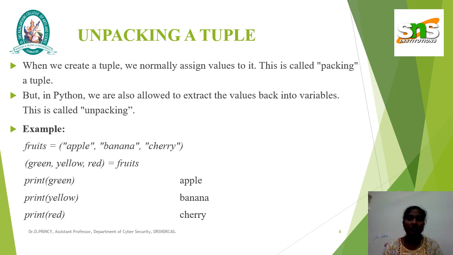So green holds apple, yellow holds banana and red holds cherry. When I print green, yellow, red, it returns apple, banana, cherry. Once again, when we create a tuple, we are assigning the values to the tuple. That is called packing. When we store the values back into variables, that is called unpacking.